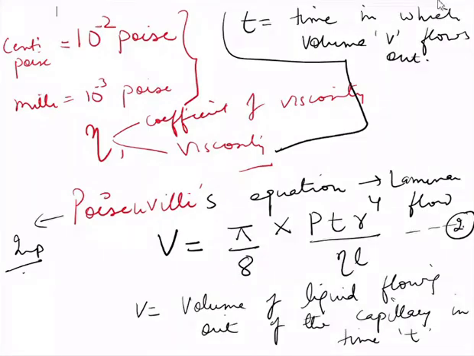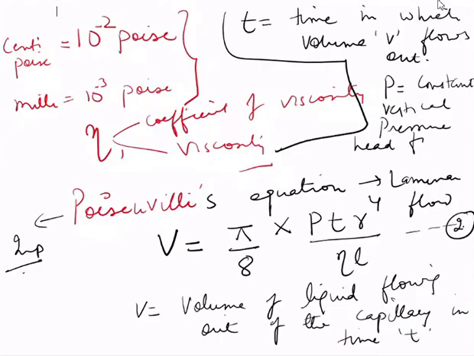Okay. Talk about P. P will be your constant vertical pressure head for maintaining uniform volume flow rate, for maintaining uniform flow rate.